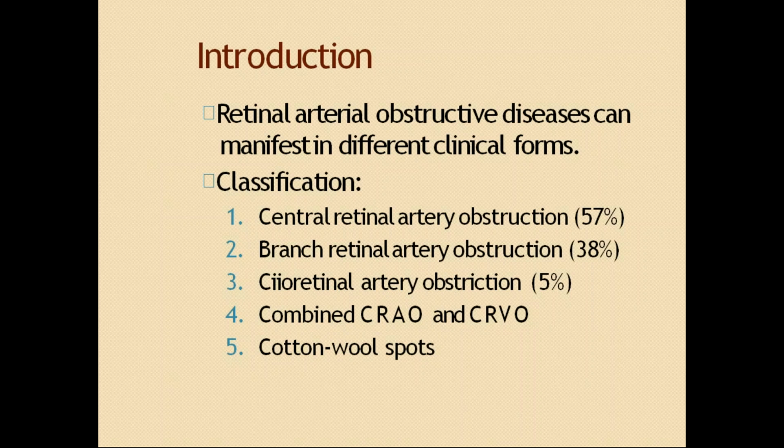If a patient has a cilioretinal artery and central retinal artery obstruction, there is less chance of damage to the retina because the cilioretinal artery will supply some nutrition to the retina. So a patient with both will have less visual damage when compared to a patient having only the central retinal artery without a cilioretinal artery.